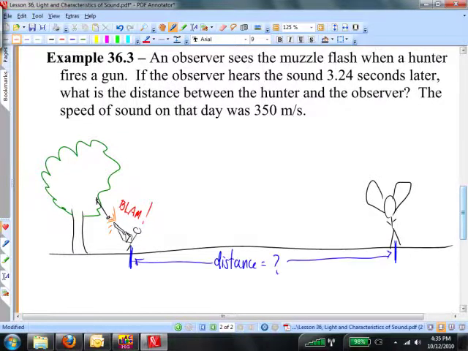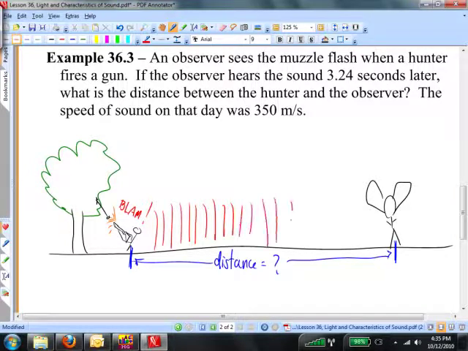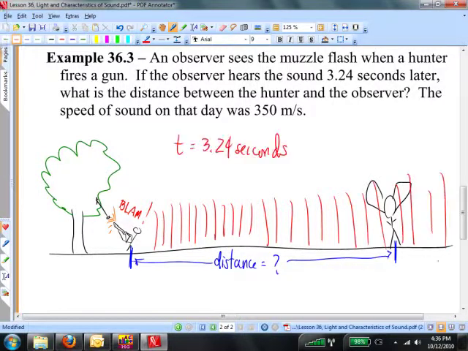So when the hunter pulls the trigger, the flash is seen by the observer, and then the sound waves travel and take a time of 3.24 seconds until they reach the observer. Well, if the speed of sound is 350 meters per second, and that sound is not accelerating as it leaves the hunter and travels toward the observer, then I can use the distance formula.